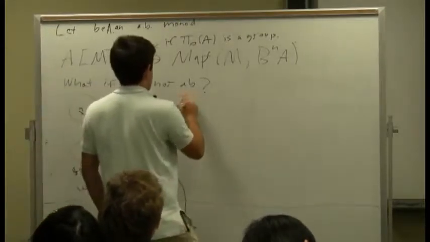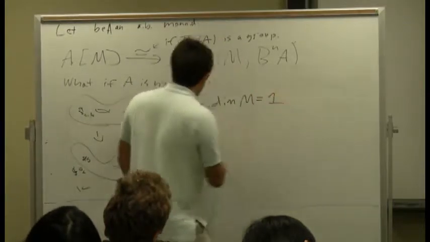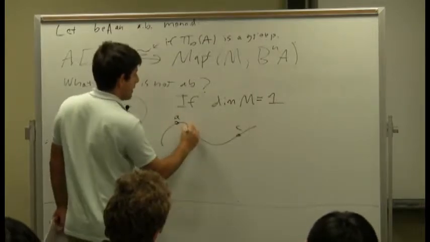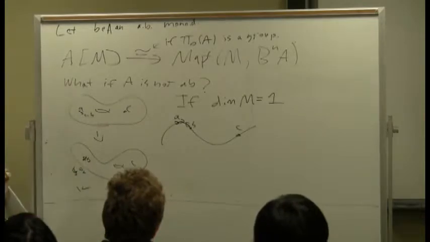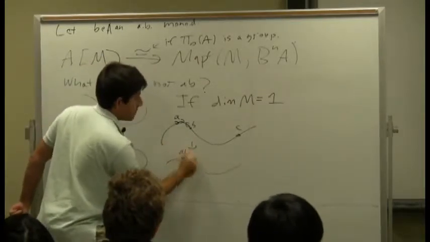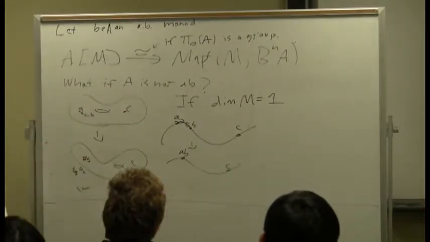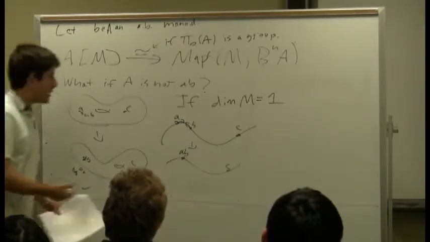So if the dimension of M is 1, there's point C over here, and there's point A, there's point B, I want that to converge to A times B. And our manifold's parallelizable, so it's like multiply the one on the left first, and left makes sense.